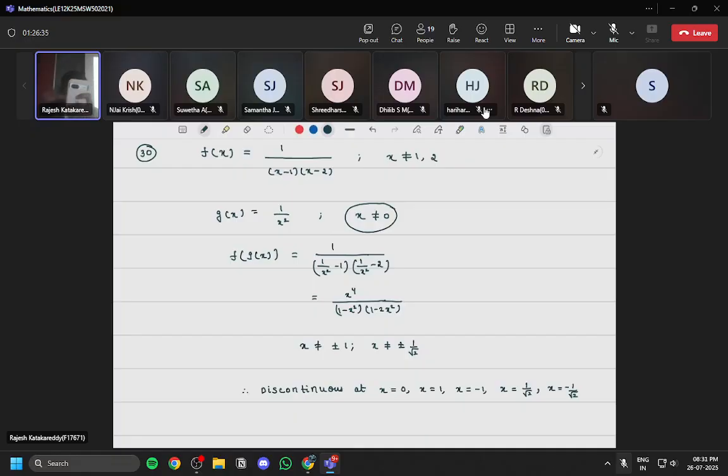Please, one moment. I'm seeing unmarked alone. I'll put the remaining. Krishna seems online. Ramakrishnan, Samantha, Sarvesh Kumar, Kumar, Pratiksha.